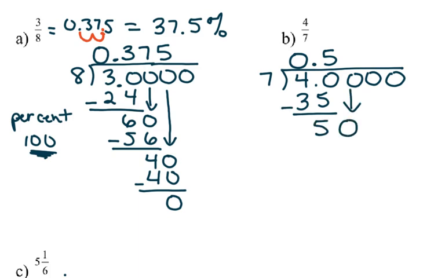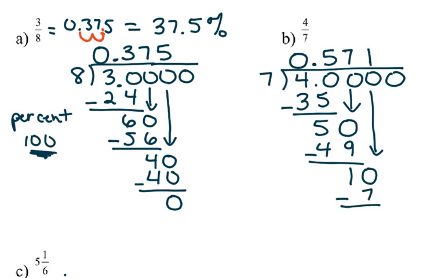Bring down my 0. 50 divided by 7 is 7, because 7 times 7 is 49, with 1 left over. Bring down the 0. 10 divided by 7 is 1. 1 times 7 is 7. 10 minus 7 is 3. Bring down the next 0. 30 divided by 7 is 4. 4 times 7 is 28.